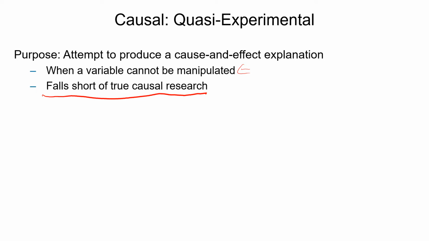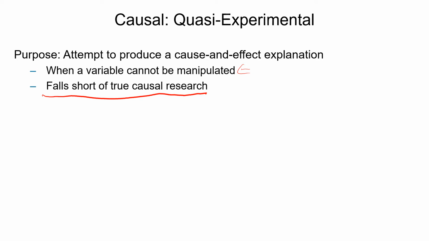Again, let's say we want to see if pregnancy affects cognition. We can't manipulate the independent variable. So we can't randomly assign people to the treatment and the control condition. We can't randomly assign people to be pregnant or not pregnant. Because we're not randomly assigning, we can't fully account for all other variables.